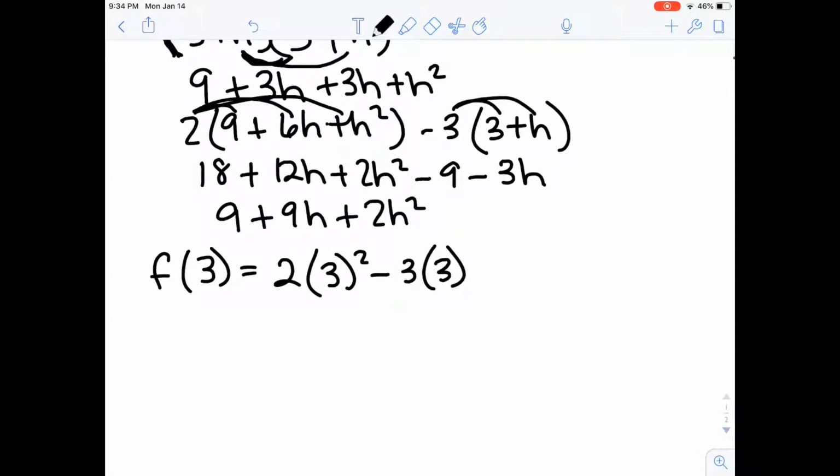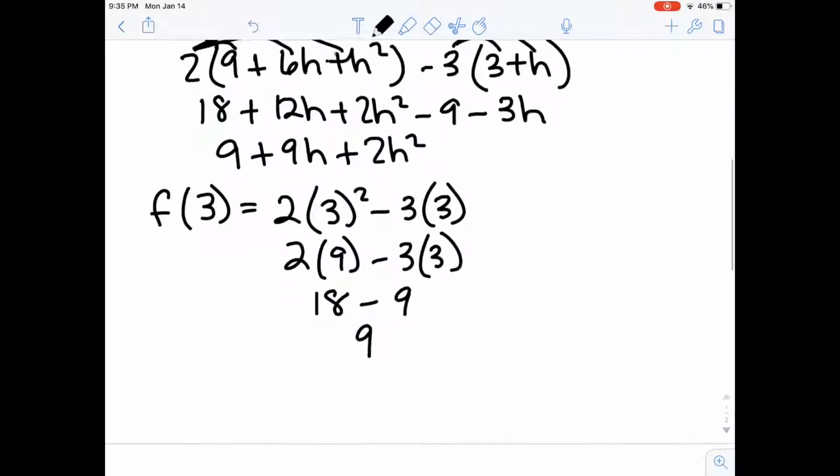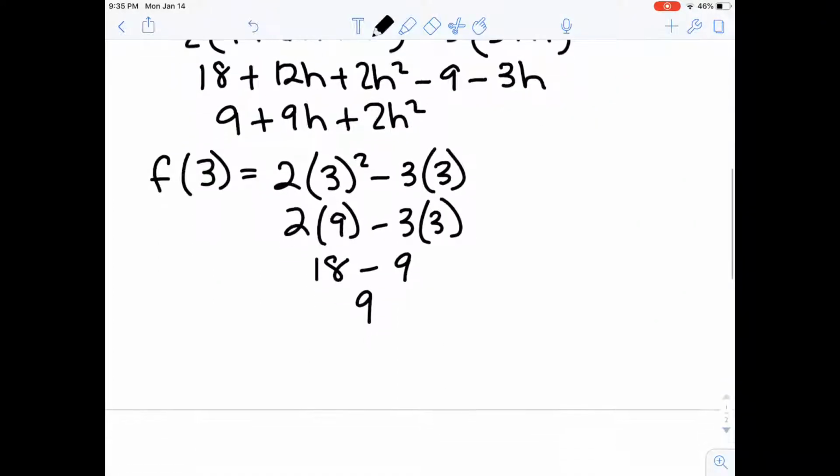All right, well, now remember, you got to remember order of operations, right? So there's parentheses, there's nothing to do in the parentheses. So then exponent, so 3 squared is 9. So 2 times 9 minus 3 times 3. And then 2 times 9 is 18 minus 3 times 3, which is 9. So I get 9.